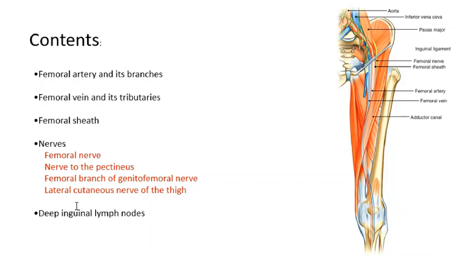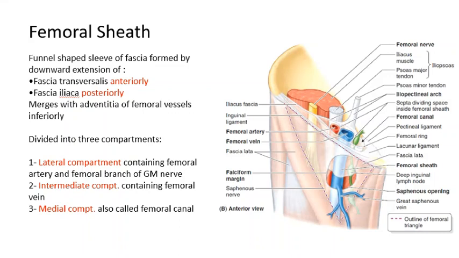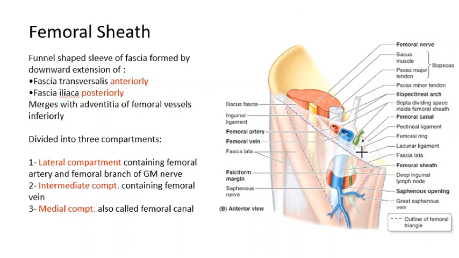And now we'll talk about the femoral sheath. So the femoral sheath, we can see over here, this is the femoral sheath. The femoral sheath is a funnel-shaped sleeve of fascia formed by the downward extension of fascia transversalis anteriorly, which means it comes from the transversalis muscle, and at the back, posteriorly, it comes from the iliacus muscle.